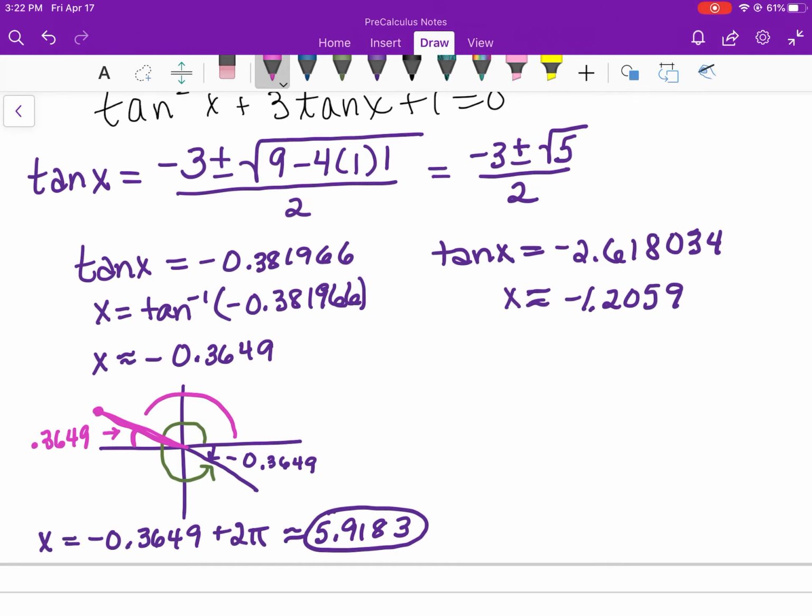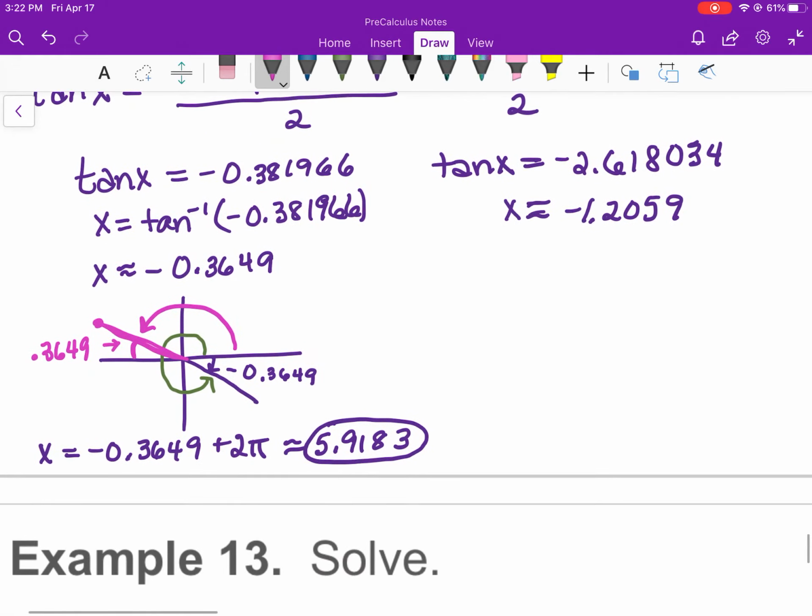I can find this angle here by taking pi, 180, and subtracting 0.3649. And the answer there is roughly 2.7767. All right, so those are the two answers for that left equation.